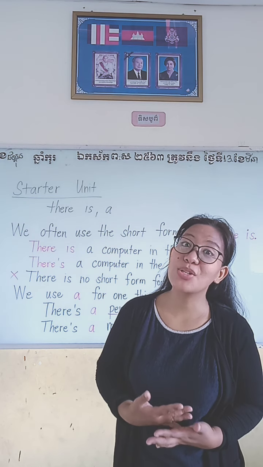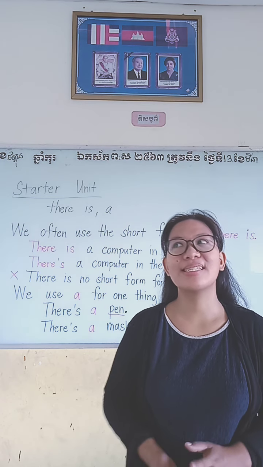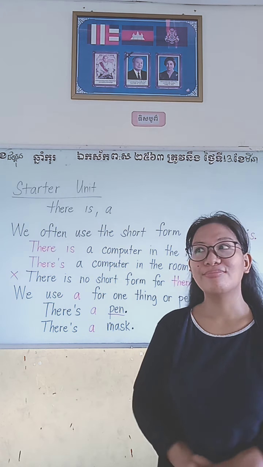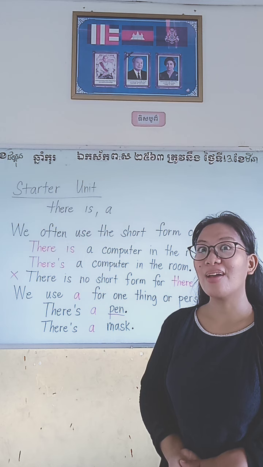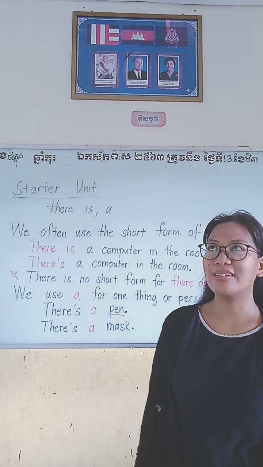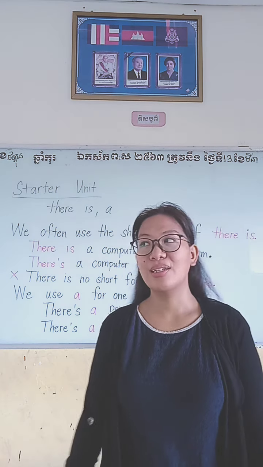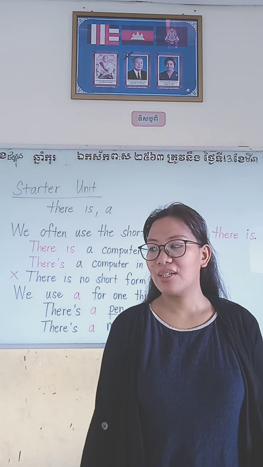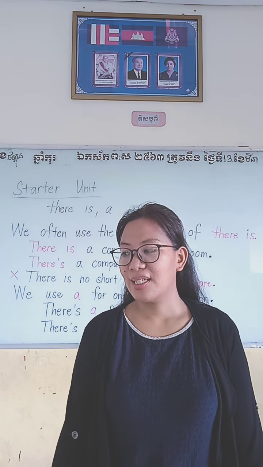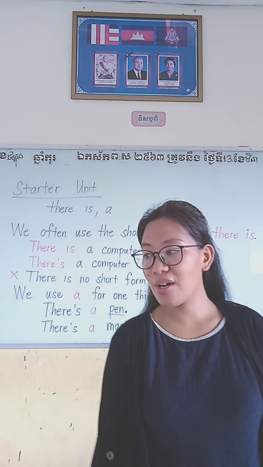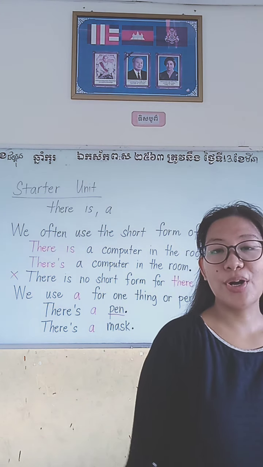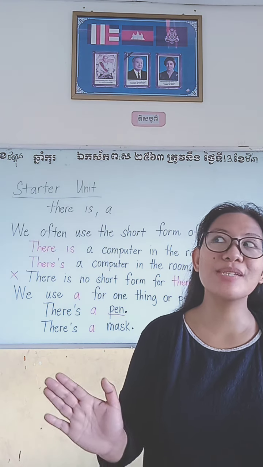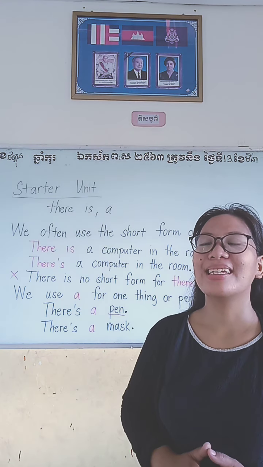That was lesson 2. So when we say some, it should be more than one thing or person. Very good. And a lot of, we have to use it for a big number of things or people, like big groups, big quantities.